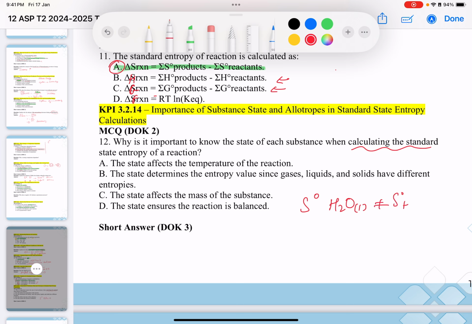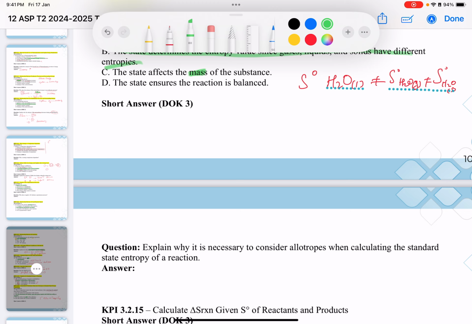As you know, entropy increases from solid to liquid to gas, so you always have to pick the correct entropy with the corresponding state. This means the state determines the entropy value, since gas, liquid, and solids have different entropies. Yes, it has nothing to do with the mass or the balancing of reactions. Next question.